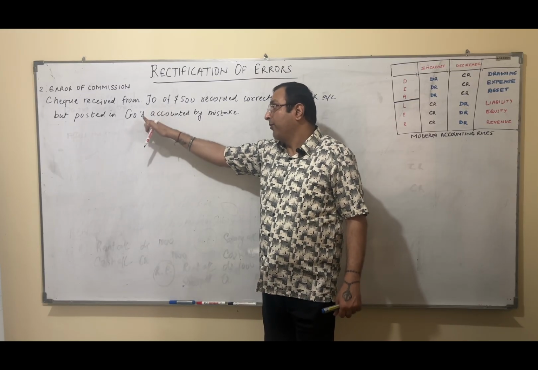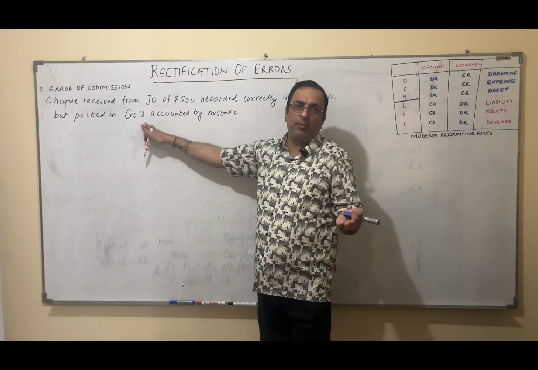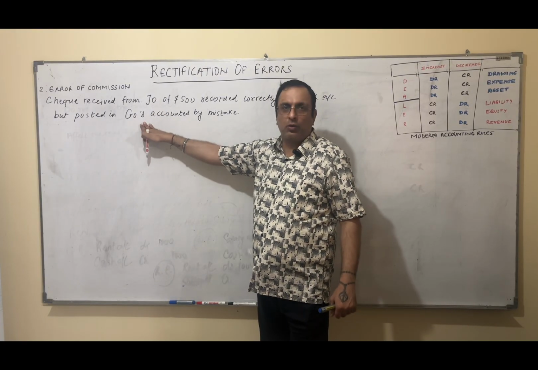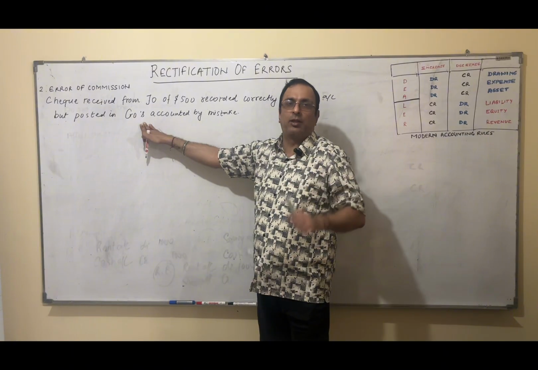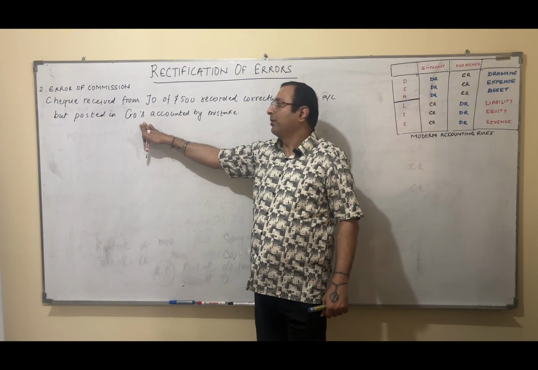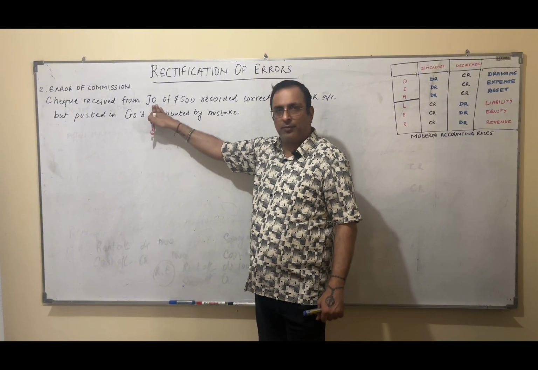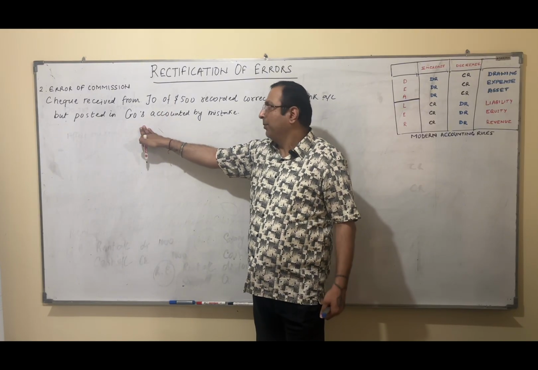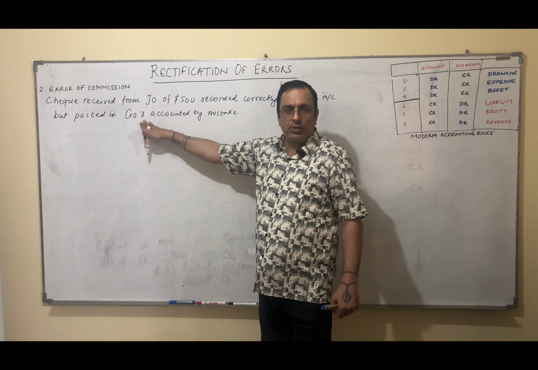So if I have written in Go, that means Go also will be my asset. I have two trade receivables, Joe and Go. Both are assets, same class. But I have received check from him and recorded in his account. Right, same class, wrong section.